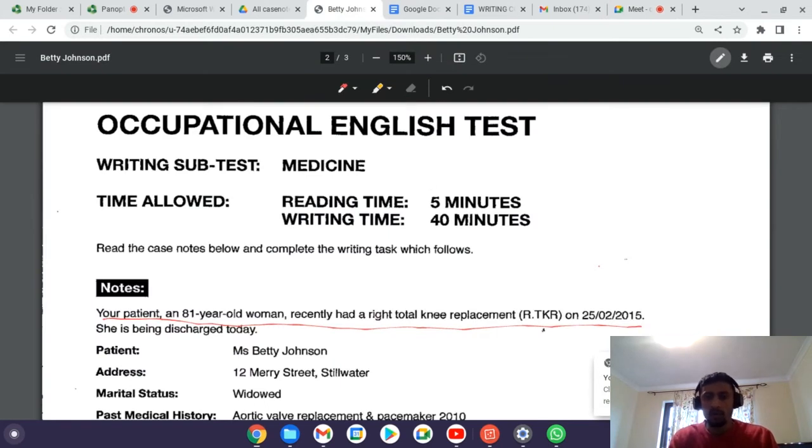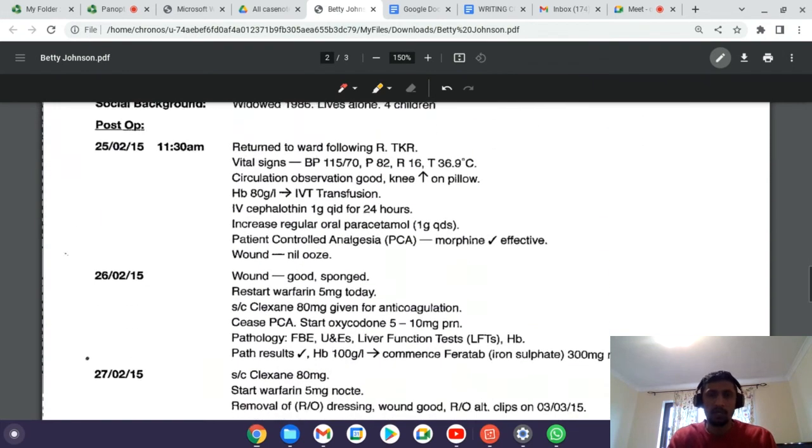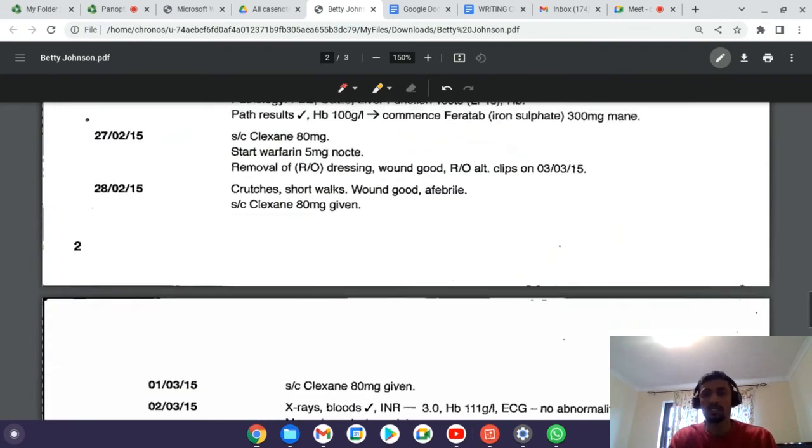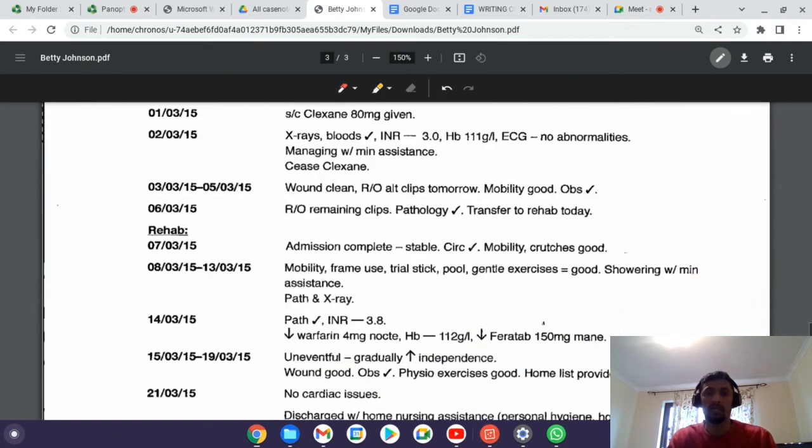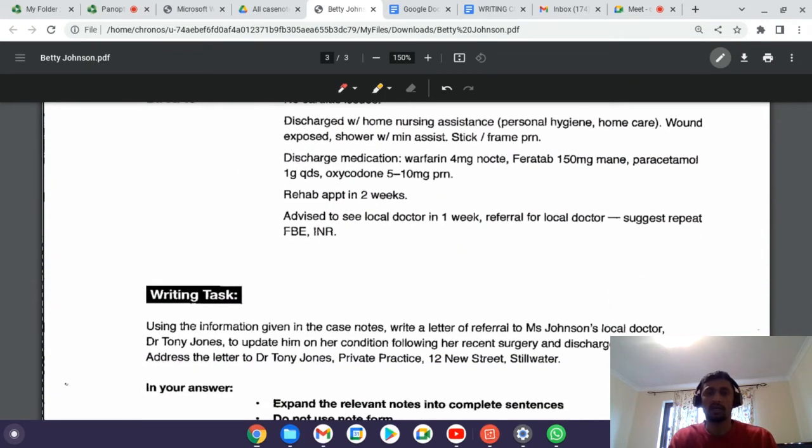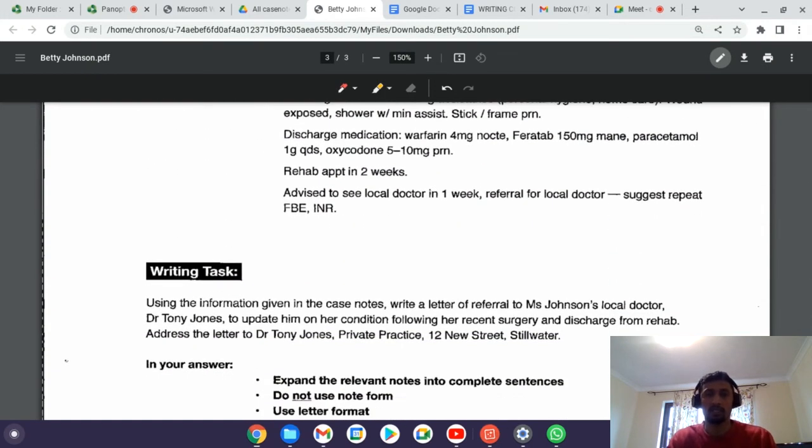After that, you're going to read what the task assigned to you is. The writing task is always given at the end of the case notes. So: using the information given in the case notes, write a letter of referral to Miss Johnson's local doctor, Dr. Tony Jones, to update him on her condition following her recent surgery and discharge from rehab.